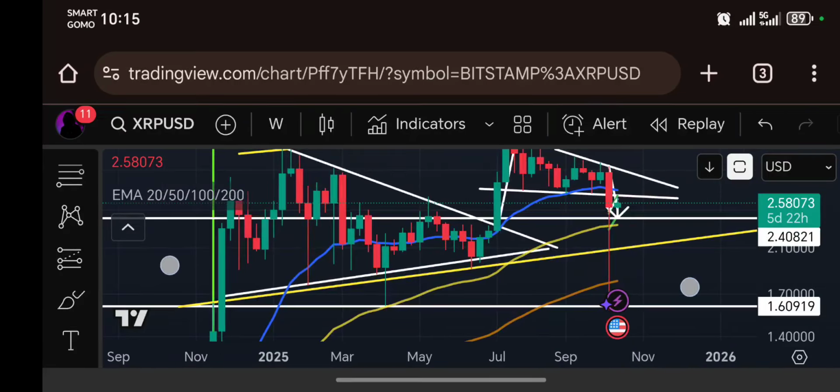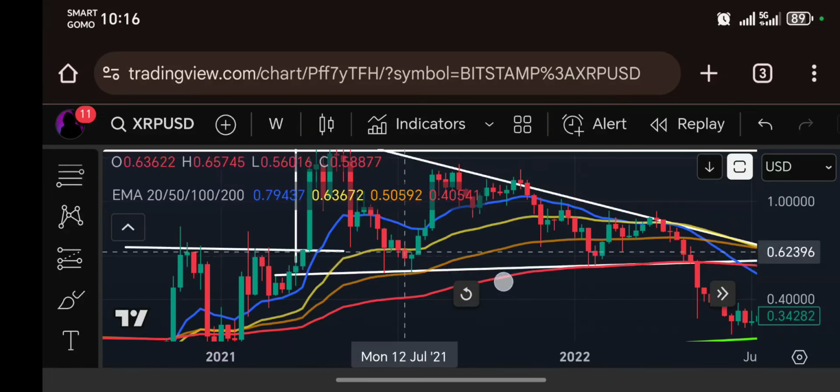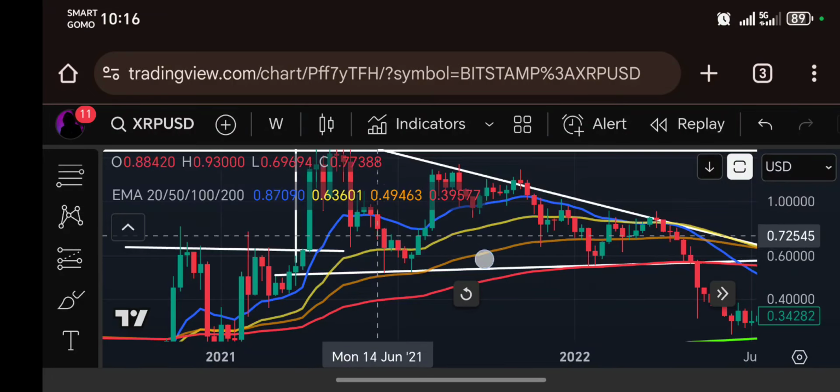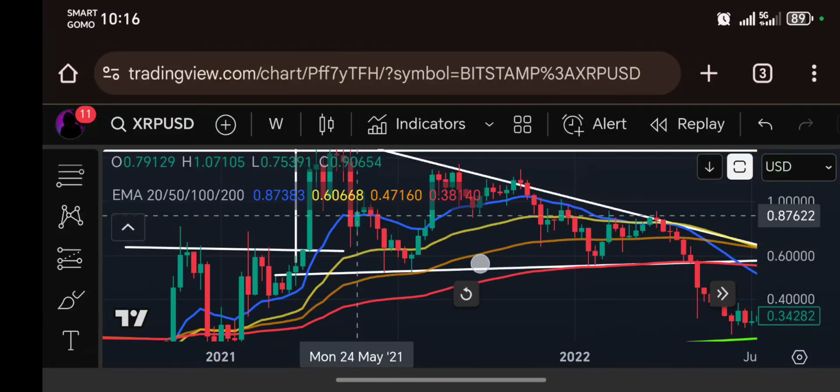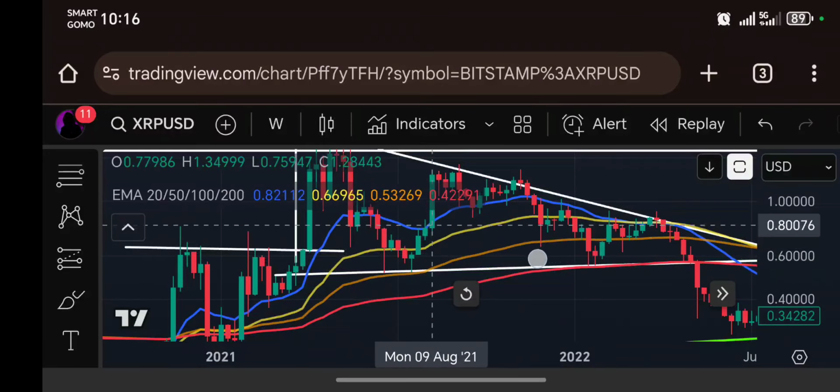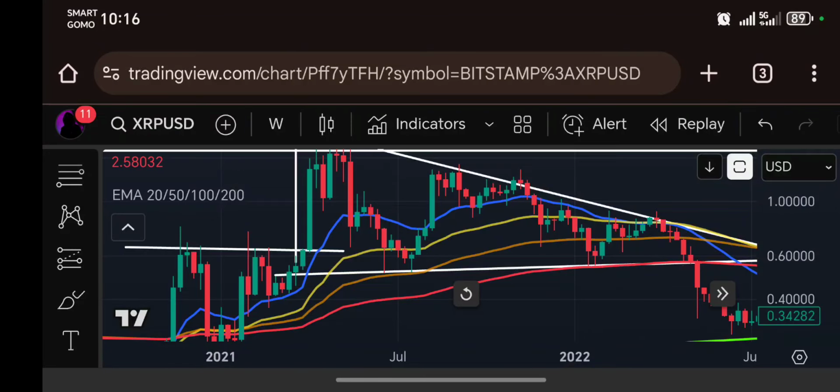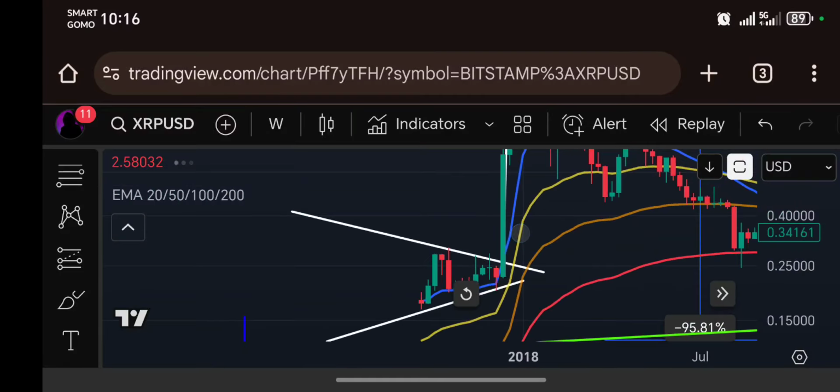you see what I'm talking about is like this. As long as we didn't close below this 50 EMA, which is your yellow line, I am still bullish. Look at this.